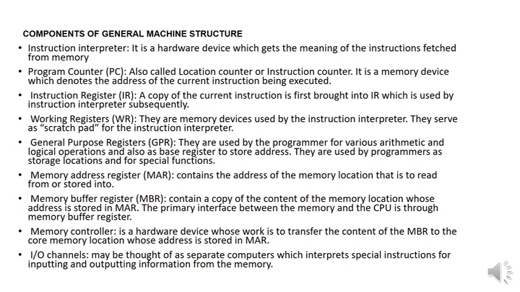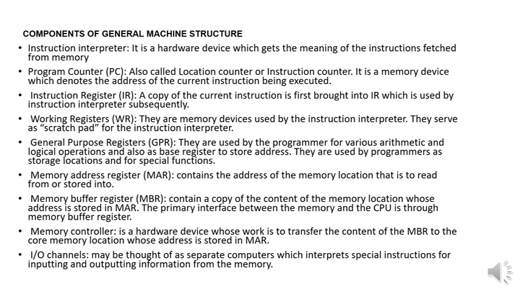Then we have memory address register, MAR. It contains the address of the memory location that is to be read from or stored to. Just make sure that you don't mix these definitions together. You have to understand the concept behind all these registers inside machine structure, so that you will not mix them together.